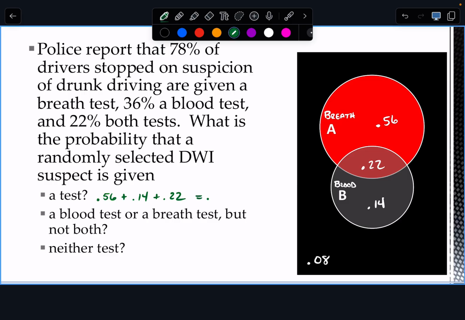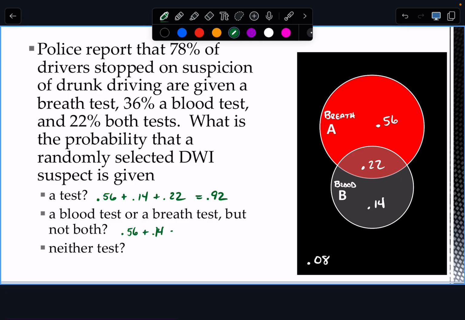There's my 92% like we calculated originally. Now when I look at that second question, we were struggling coming up with how to get there. Now if I look at it with this breakdown, I want a blood test or breath test, but not both. So that means the only two regions I want to account for then are the 56 and the 14.